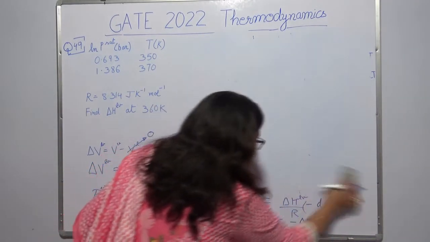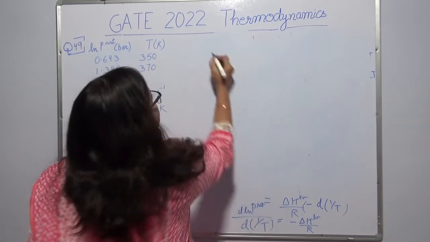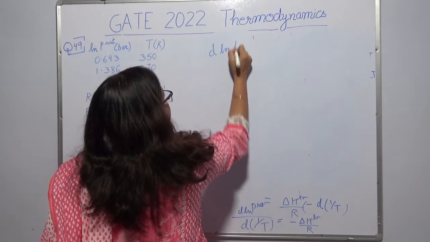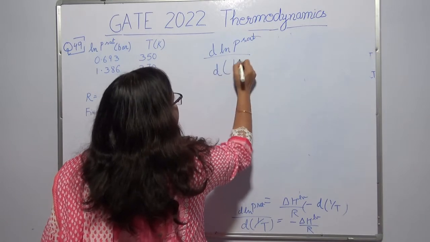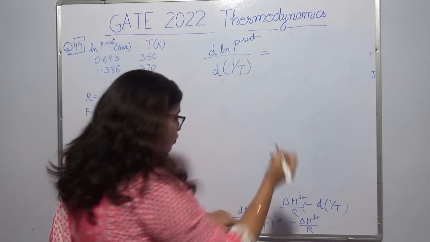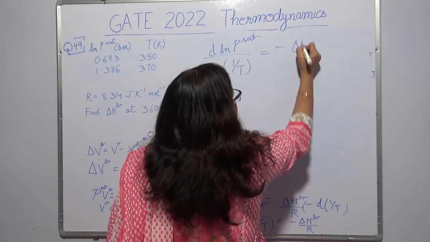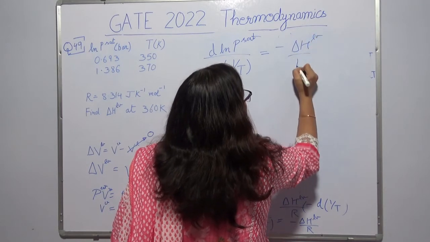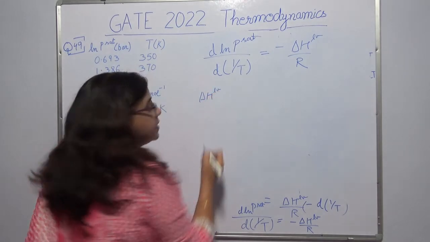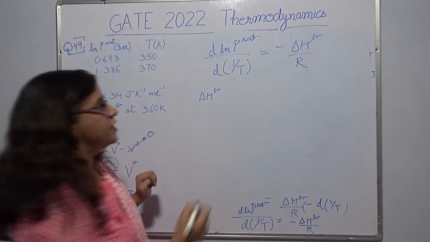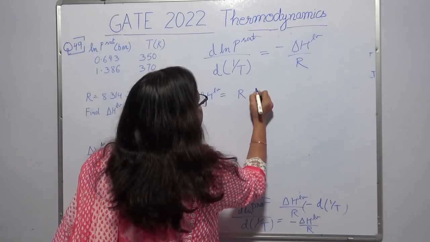We have to find out delta H LV. So I am going to write this equation: d ln of P saturation by d of 1 by T is equal to minus delta H LV by R. So delta H LV, that is the molar latent heat of vaporization, is equal to R times.